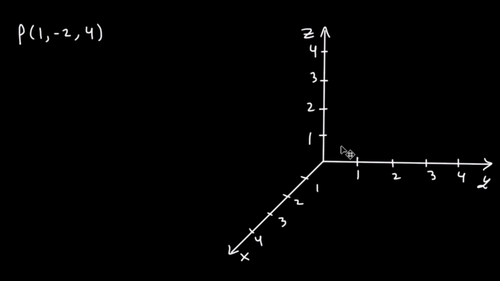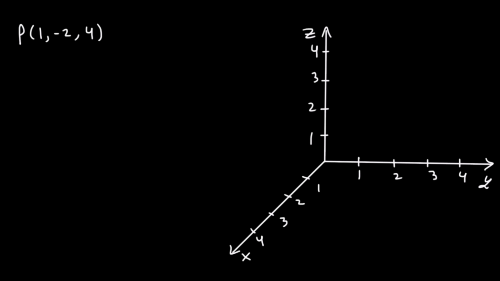Now let's take another example. We want to plot this point, which is P1, -2, 4. Let's paste the axis here as we have copied before. Now we want to draw it as fast as we can because we are now familiar with how to plot a point in 3D.